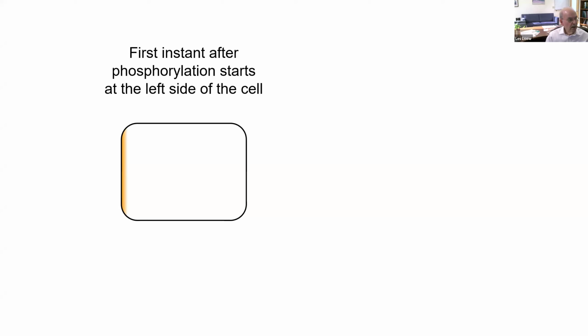So let's consider that you have this sort of rectangular cell, and that there's a phosphorylation that occurs on one side of the cell that releases a second messenger that starts diffusing away from the site of phosphorylation.